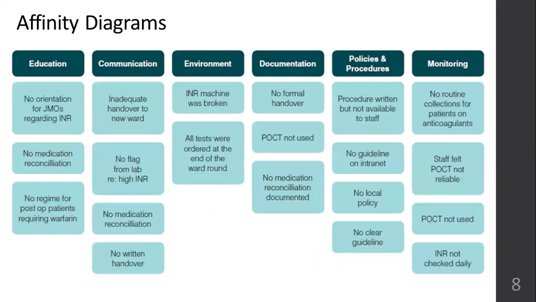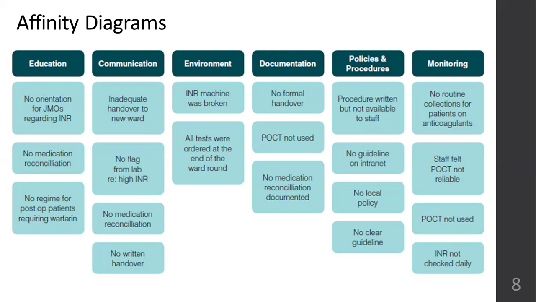Then we have affinity diagrams. So when you have a large amount of data, okay, ideas, issues, opinions, 100 people have given you 100 ideas, but these 100 ideas, you have to categorize them. Okay, so that's where affinity diagrams come into play. Even 100 ideas may come from a small brainstorming session, okay, so you have to put them into categories.